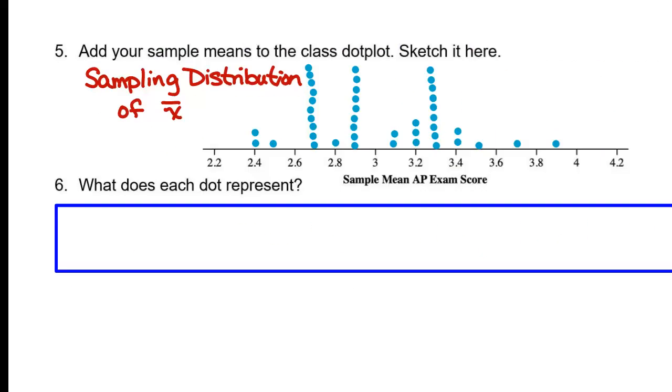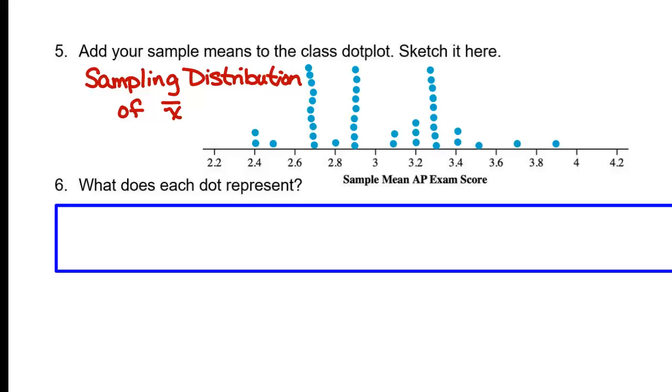This would be called the sampling distribution of X bar. Something like that. Again, just get the basic shape.